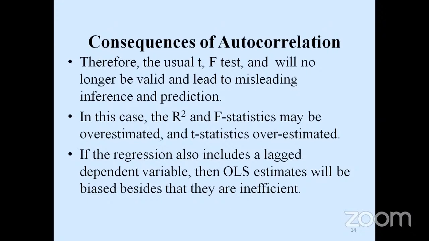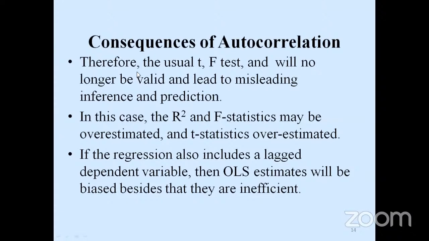I faced this problem of autocorrelation when seeing the p values of t and F. Of course, they are significant, but they are misleading for framing an inference or prediction.